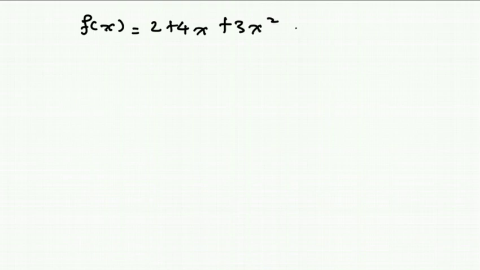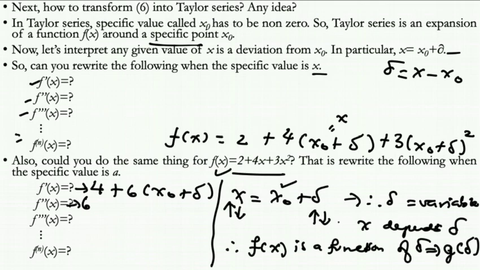So recall back, we have f(x) equals 2 plus 4x plus 3x squared. Now, call this (a). Like I said earlier, in the previous slide, f(x) is a function of delta, so we can write it in another form, g(delta).